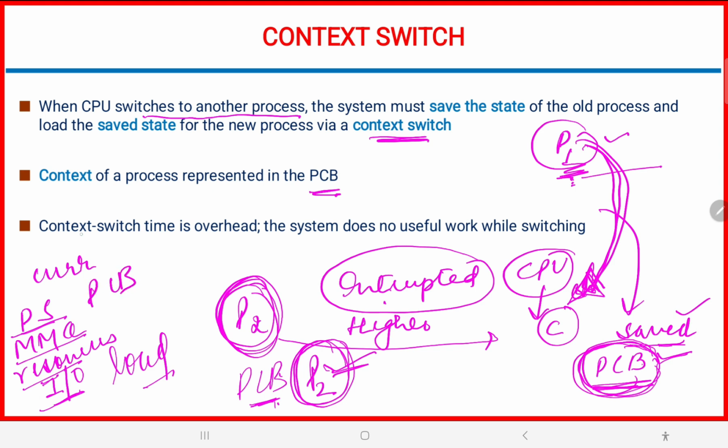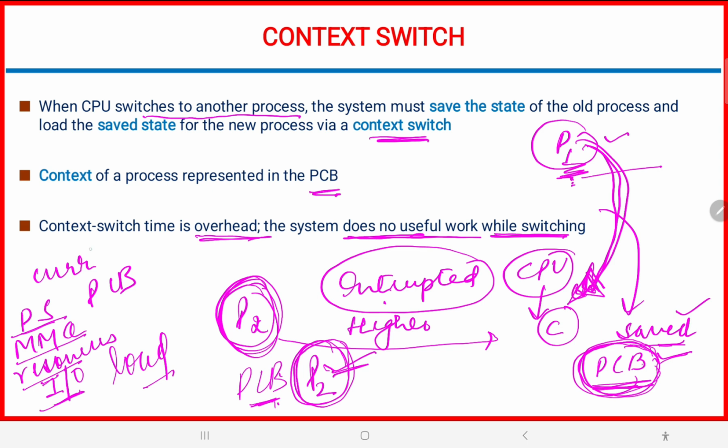Actually, there's one more thing, that is, context switch time is an overhead, because the system is not doing any useful work while switching is being done. The useful work is done only when the CPU is working with the process, or the process is doing some IO related activity. But in this scenario, neither is the process doing some IO activity nor is the process executing with the CPU.